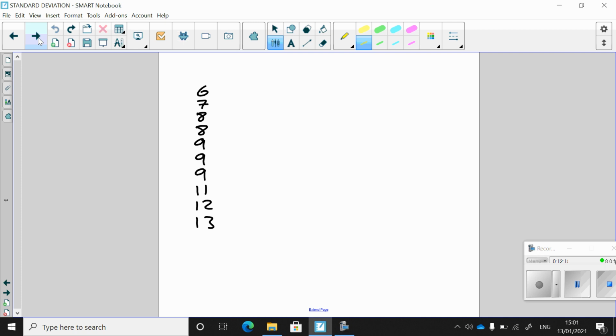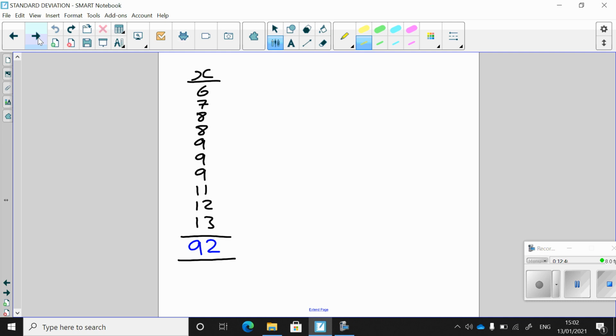So that's my X column. That's my original numbers from the list. They are in the X family. Right. So what I'm going to do with those numbers there is add them up. That's the sum of all my X numbers.